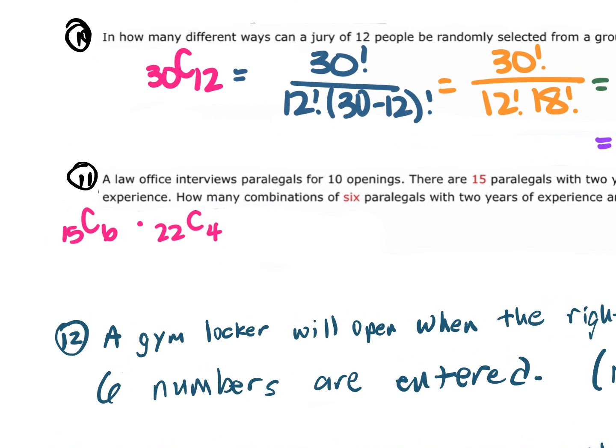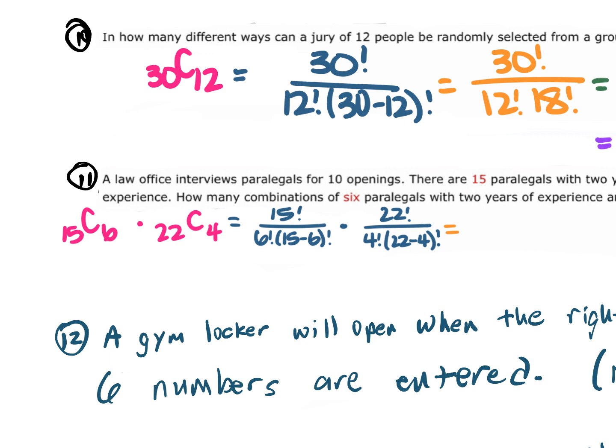Your 15 combination 6 is going to give you 15 factorial over 6 factorial times 15 minus 6 factorial. And your 22 combination 4 is going to give you 22 factorial over 4 factorial times 22 minus 4 factorial.